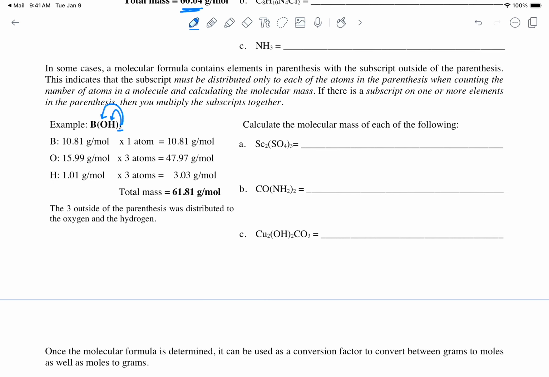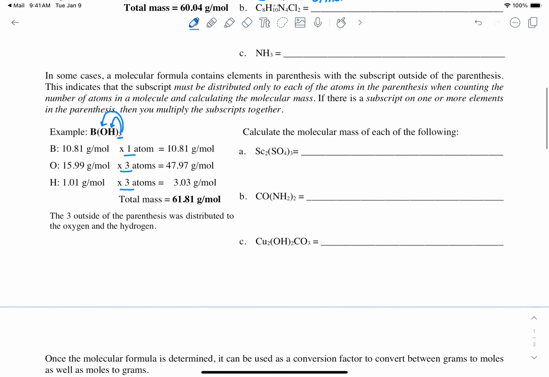So in this molecule, we have one boron atom, but we have 3 oxygen atoms and 3 hydrogen atoms, because that 3 outside the parentheses was distributed into the OH, to the oxygen and the hydrogen. Another way to think about this is if you were to visualize this molecule, there would be a boron, and then 3 of these units, because whatever's in the parentheses wants to stick together.